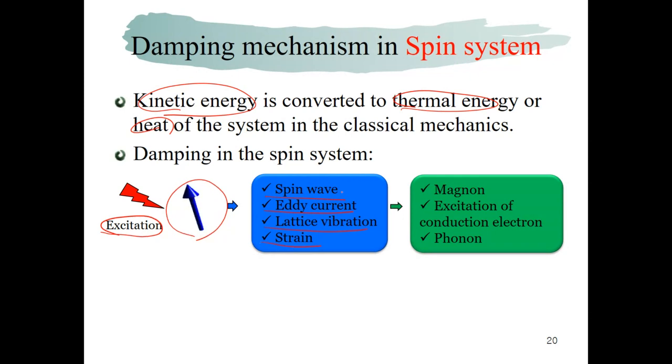Spin wave means generating magnons, eddy current means a kind of conduction electron motion, and lattice vibration is related to phonons. All those processes require energy dissipation. So by the damping, we can make such phenomena.